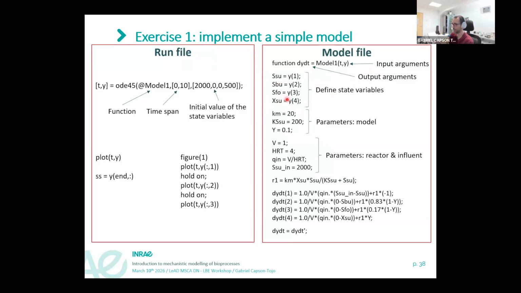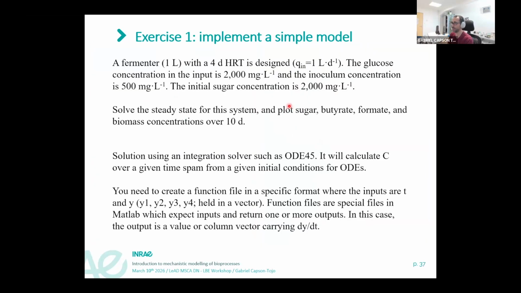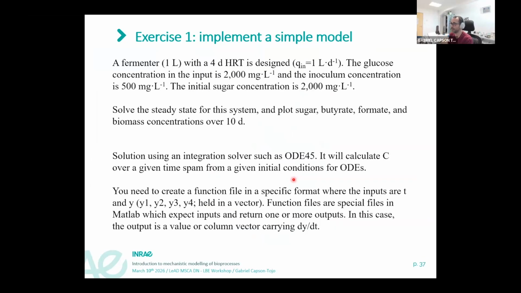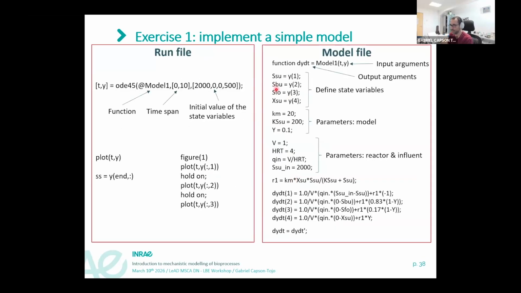So if we go back to the stoichiometric matrix that we have, the state variables are the 4 variables that we have here: sugars, butyrate, formate, and biomass. The way you do it, and this is just how MATLAB works, you need to know some coding tricks.